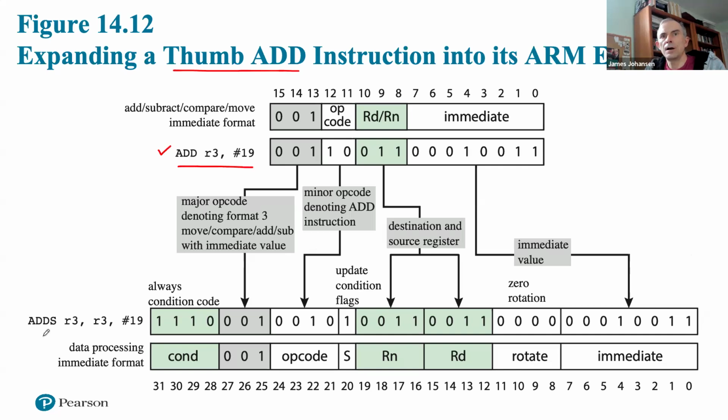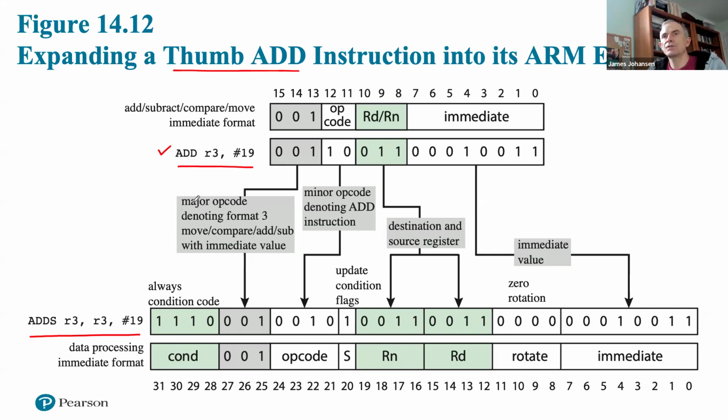And so here we're pointing out the fact that we're going to be adding something to a register and then putting it back into the register. So we're adding immediate a value, R3 plus immediate 19, and we're going to put that result into R13.